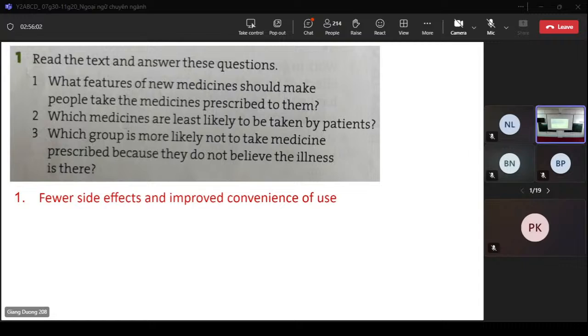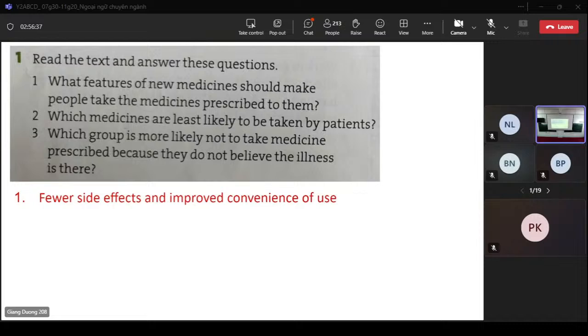Next, which medicines are least taken? Paragraph number 2, and the answer? What kind of medicine? No, not medicines prescribed. All medicines are prescribed by doctors. But what kind of medicine?